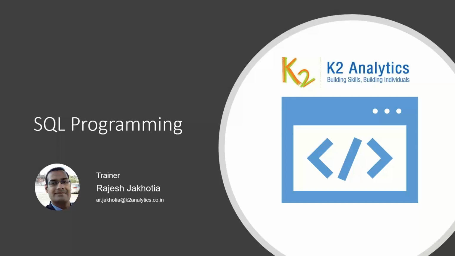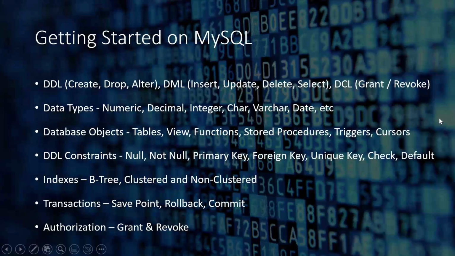We are learning SQL programming. SQL is one of the most important skills that a data scientist, a machine learning expert should have. In SQL, one of the important things that a data scientist would frequently require is to execute select queries.